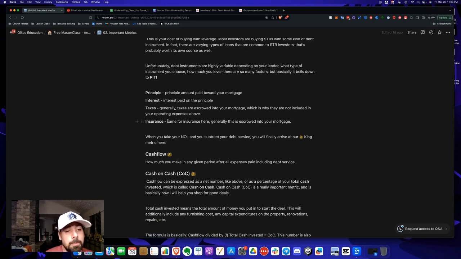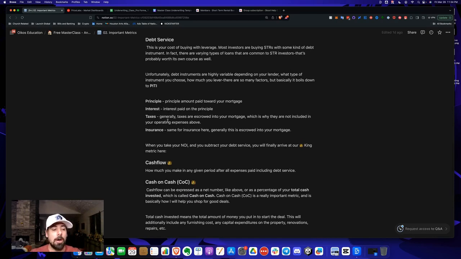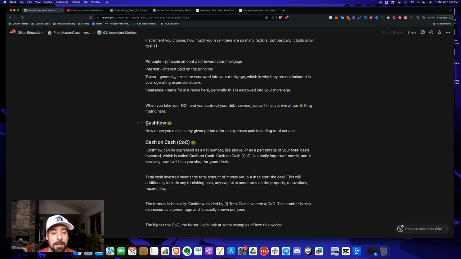So what you'll do at this point: we have our gross income, we have our operating expenses. We've taken those operating expenses and subtracted them off the income. That gives us our net operating income. Then we're going to take that and subtract our debt service. Once we've subtracted our debt service, we will get this cash flow.